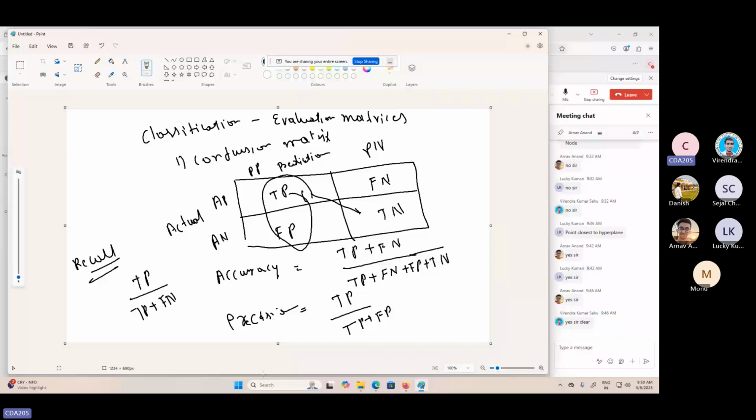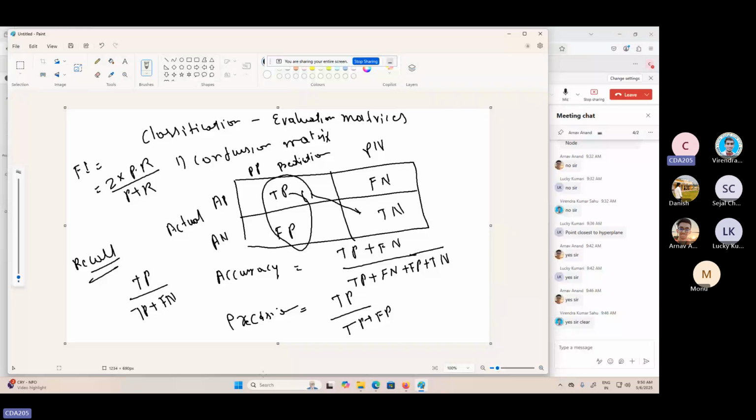Now come to the F1 score. F1 score is the harmonic mean of precision and recall. So it is 2 into precision into recall by precision plus recall.